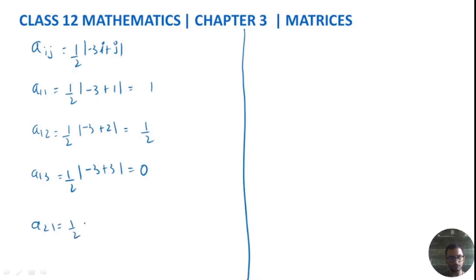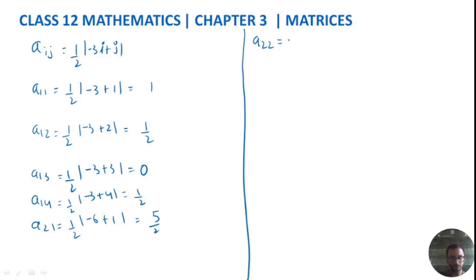So A21 will be minus 3 into 2, minus 6 plus 1, that is 5 by 2, because modulus of minus 5 will be 5. Then A22, okay, it was a 3 cross 4 matrix, right? So A14 will be 1 by 2 modulus of minus 3 plus 4. 4 minus 3 is 1, that means 1 by 2, modulus of 1 will be 1.